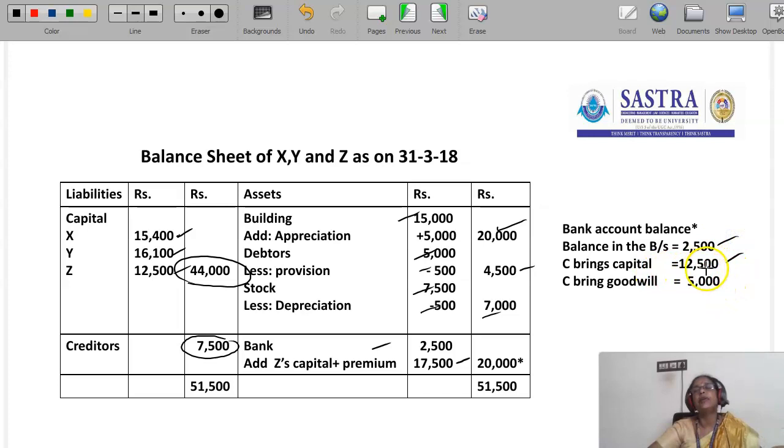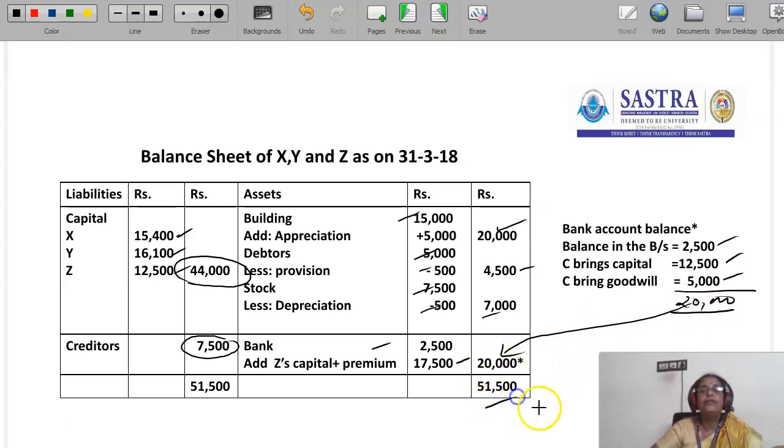Capital amount he brought is 12,500. For goodwill he brought 5,000. So the total amount is 20,000. That should be written here. So the total of the balance sheet is 51,500. This is the way to prepare balance sheet after the admission of Z.